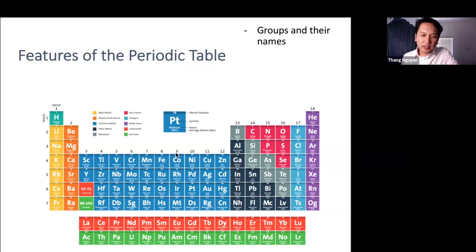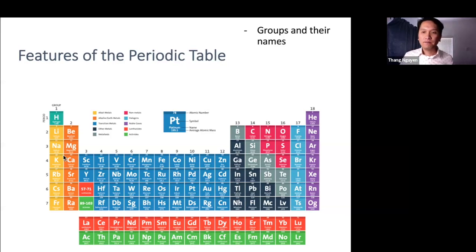The second system just ignores this chunk in the middle and calls this the transition metals. And we call group 1, group 2, and 13 to 18 the main group elements. So in the main group elements, you can just rename them as 1, 2, ignore 3 through 8. Okay, so if you see it written two different ways, that's the reason. So this could be group 18 or group 8 in the main group.